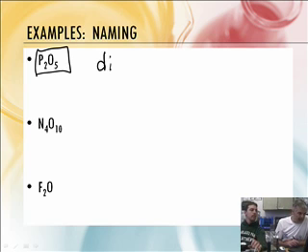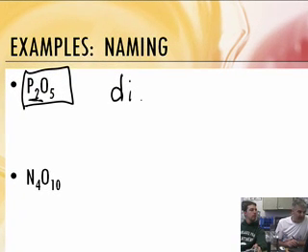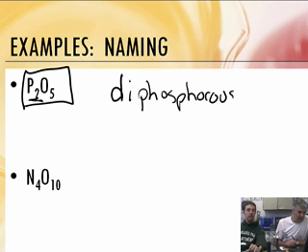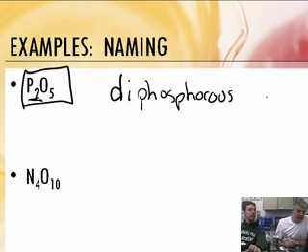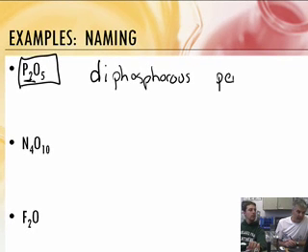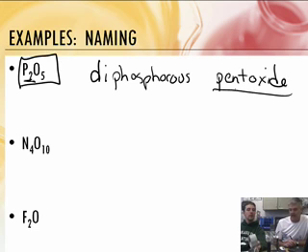There are 2 phosphorus, so it's di, and we give the first element its regular name: diphosphorus. Then the 5 oxygens are penta, pentoxide. Oxide is a weird thing: you try not to have 2 vowels together, so you don't say pentaoxide, though no one's going to slap you on the wrist if you do.